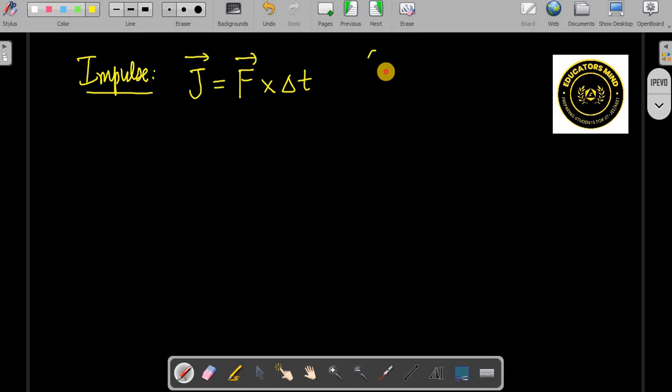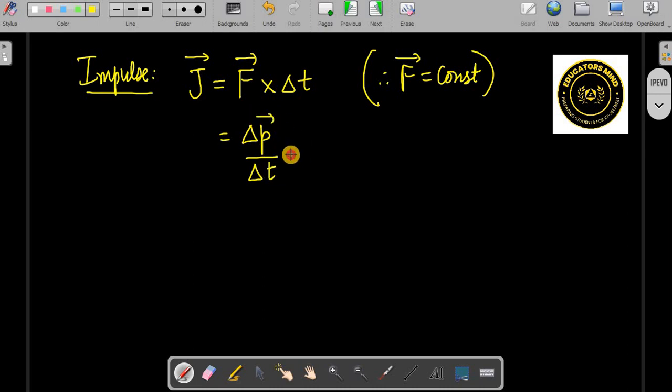Here we are assuming that the force vector is constant. So force can be written as change of momentum by time, right? You see delta t will get cancelled. Impulse will be the same as change of momentum.